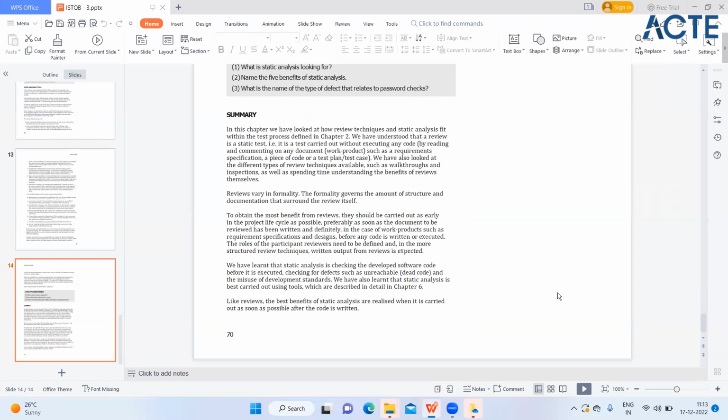So you just have to read it and remember everything, so that your 3 to 4 questions will be correct straight away. So this chapter is important, because there are not so many things in it. If you remember these key points which I have explained to you, then definitely all your questions will be correct. Okay, so this is the main point.